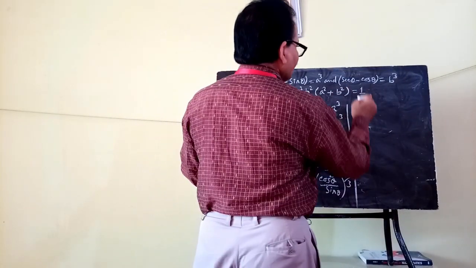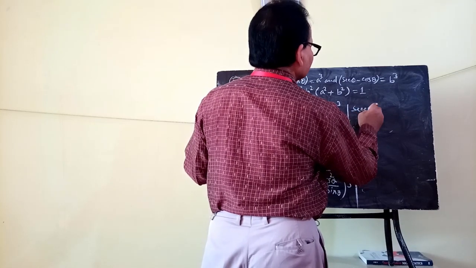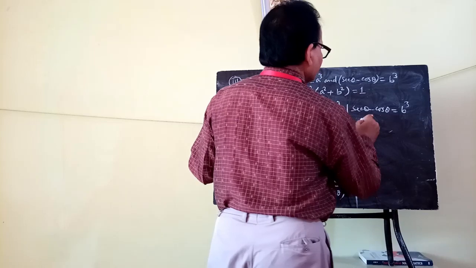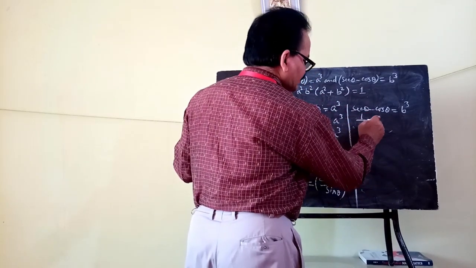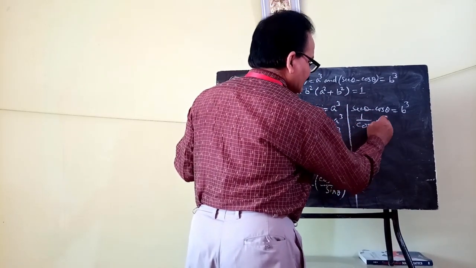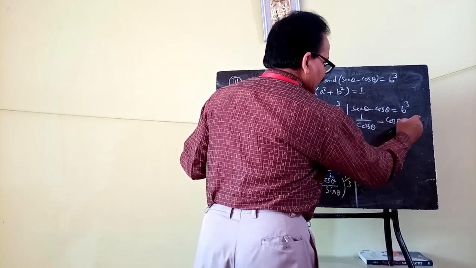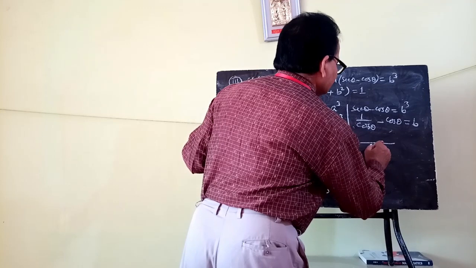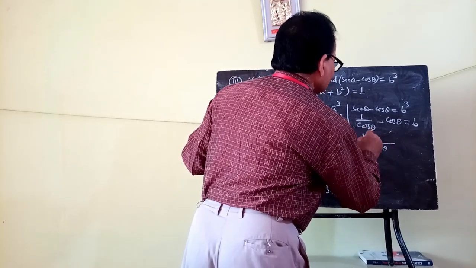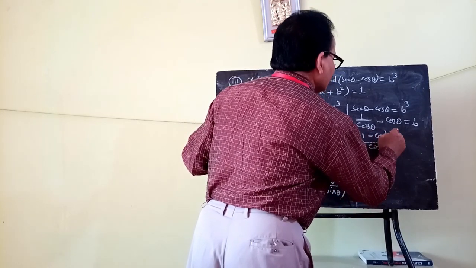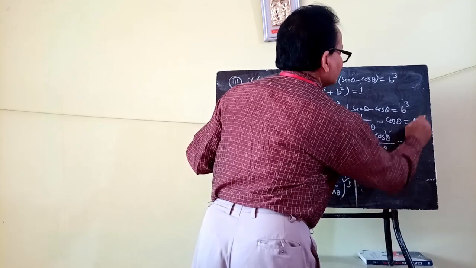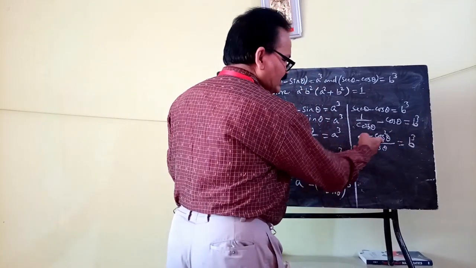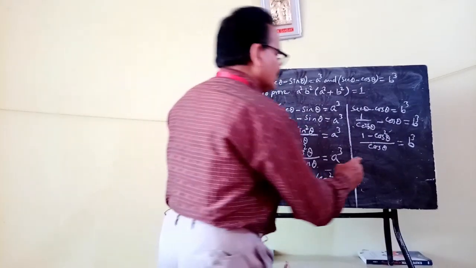For b you have to write sec theta minus cos theta equals b cube. Again sec theta can be written as 1 by cos theta, minus cos theta equals b cube. Clear? So cos theta will be the LCM. So 1 minus cos square theta equals b cube, and 1 minus cos square theta is again sin square theta.